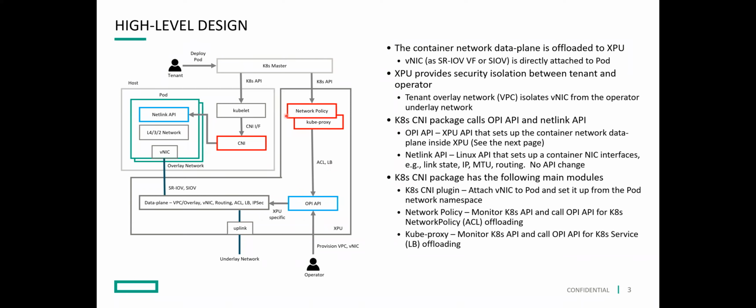The implementation is the choice of the vendors or the choice of the user. One may choose Felix, or other vendors may choose a different one. But this is basically acting as the controller between Kubernetes and OPI. And as long as we agree on the OPI API, I think that flexibility is available.